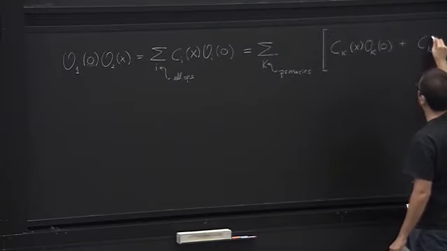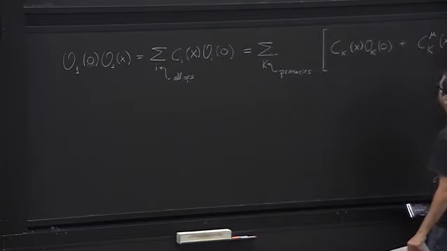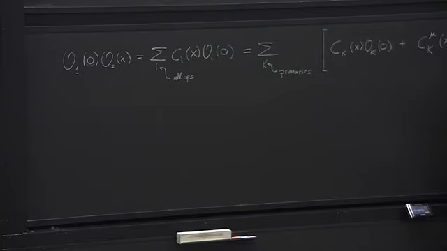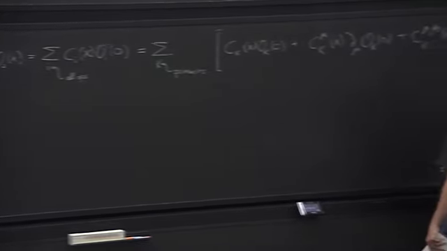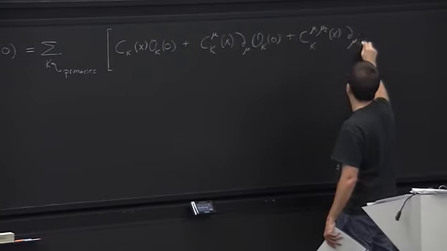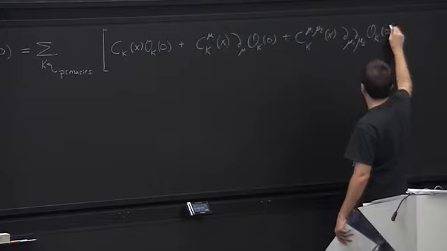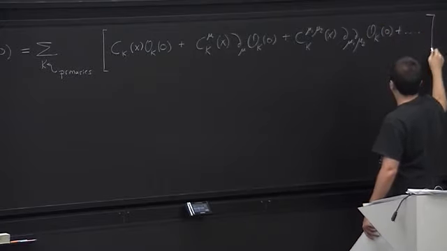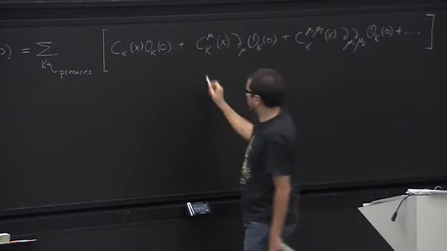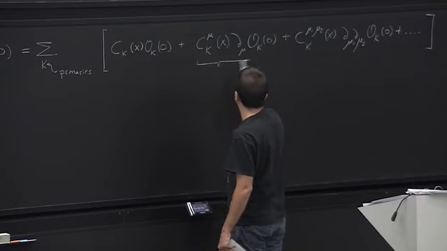A descendant is a derivative, C^mu_k of x times d_mu O_k at 0, plus two derivatives, C^{mu1 mu2}_k of x times d_mu1 d_mu2 O_k at 0, plus etc. So this stuff here is the contribution from the descendants.